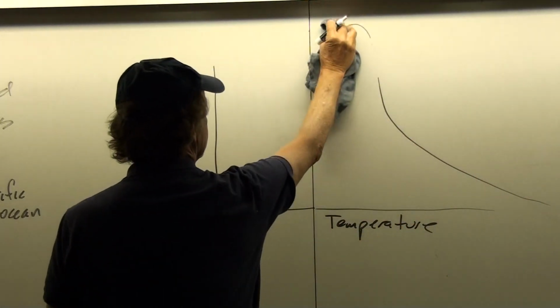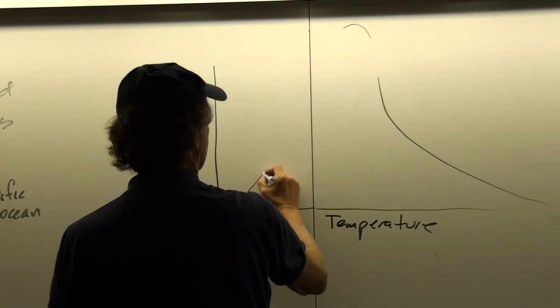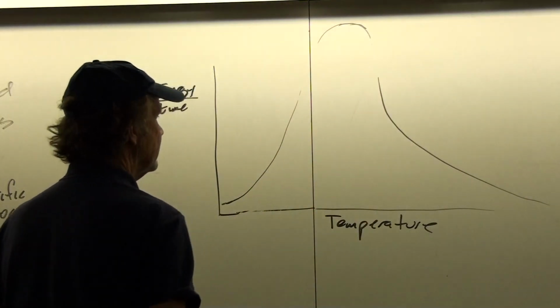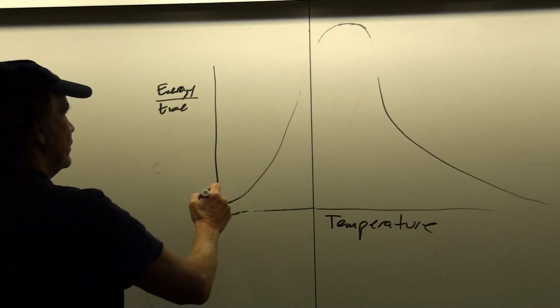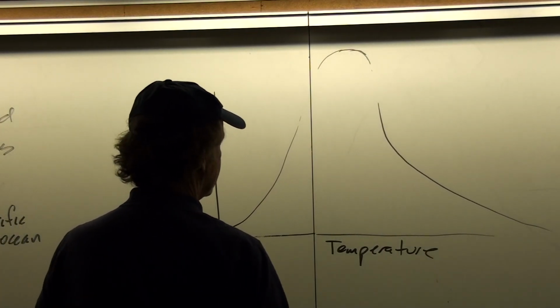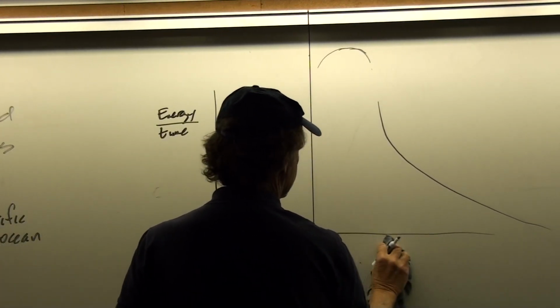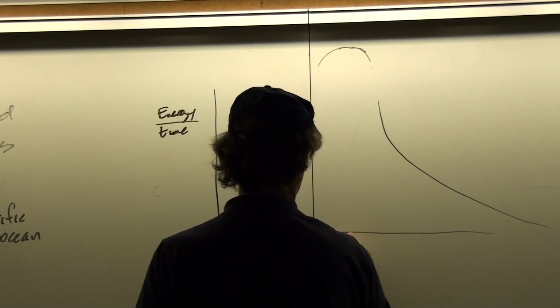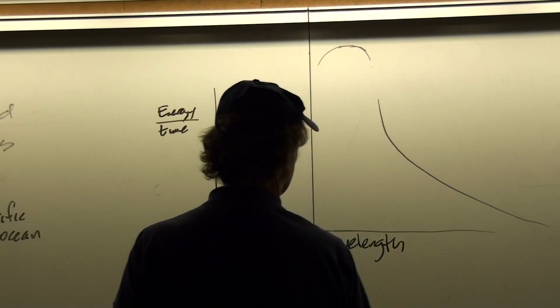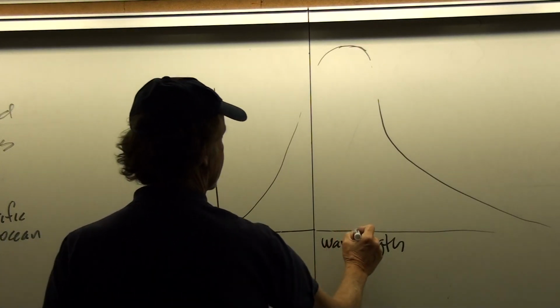Now it goes up a little steeper on this side and drops off a little more gently. But actually here, let's put wavelength instead of temperature. This is the wavelength of the electromagnetic waves.